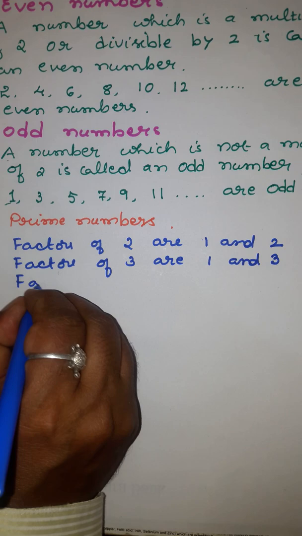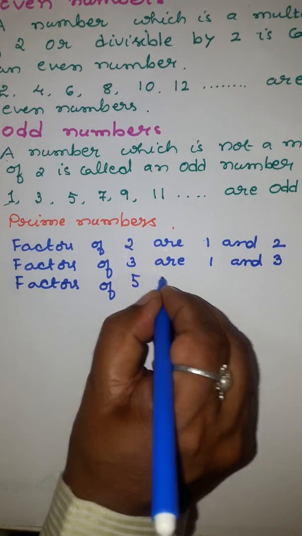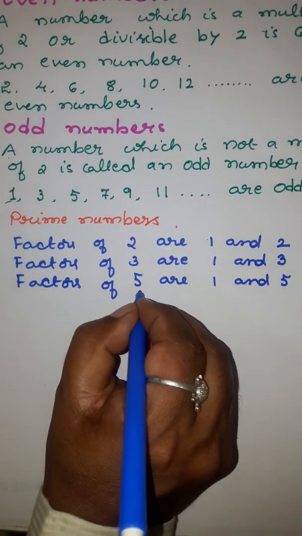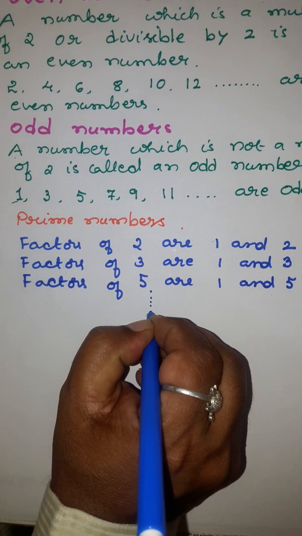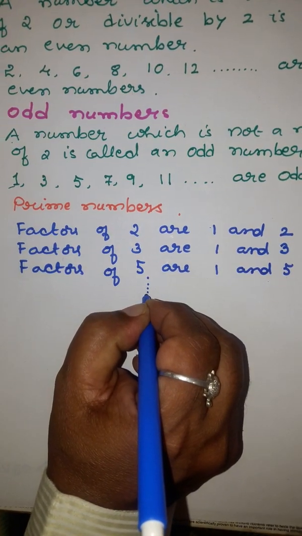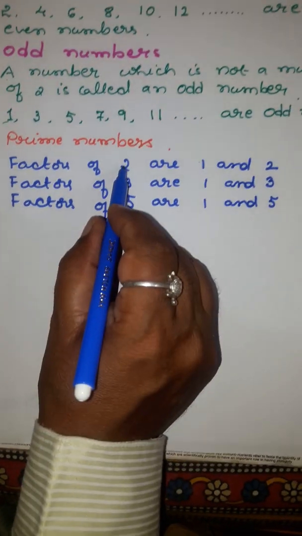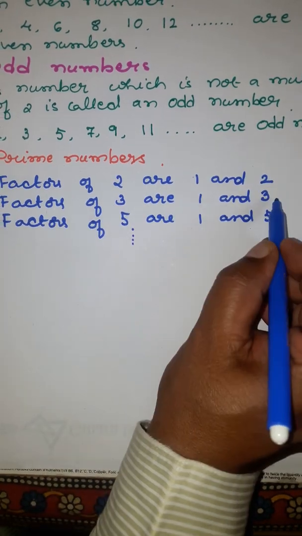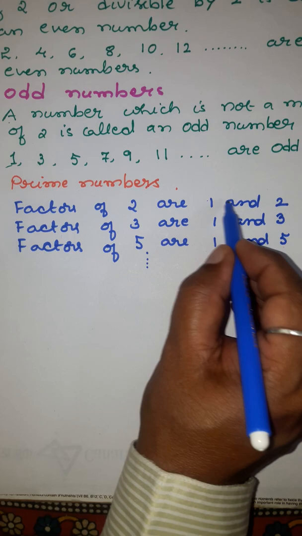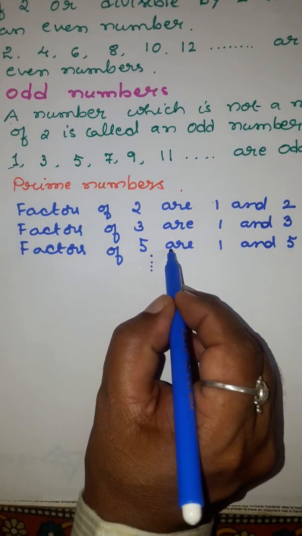Factors of 5 are 1 and 5. Like this, I can go on giving infinite examples of factors of numbers like 2, 3 and 5. Observe keenly the factors of 2, factors of 3, factors of 5. So factors of 2 are 1 and 2, factors of 3 are 1 and 3, factors of 5 are 1 and 5.